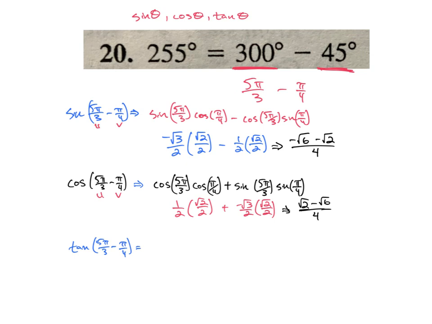The 4's cancel out. So we end up with just what? Negative square root 6 minus square root 2 over square root 2 minus square root 6. Is that the answer that's going to be on CalcChat? It's not. However, is the answer on CalcChat going to be equivalent to that? Yes. And I'm just going to leave it just like that. Is everybody hearing me? Okay. All right.